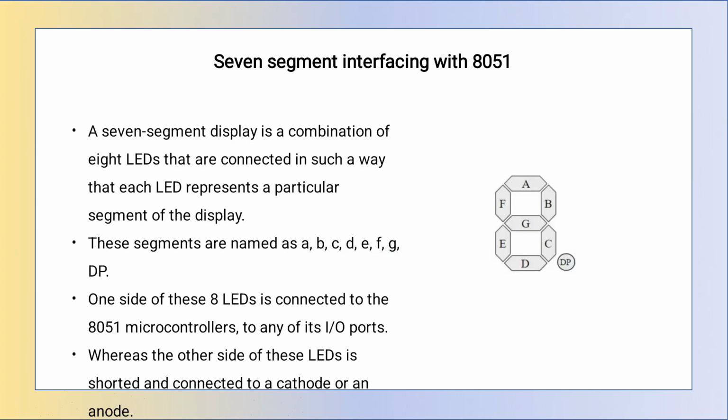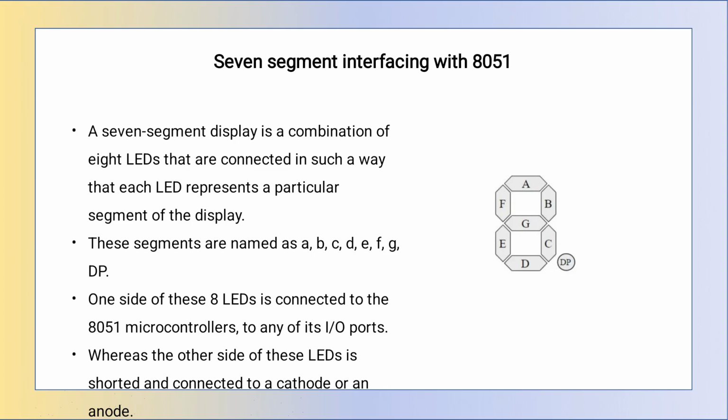The next topic, 7 segment display with the 8051. A 7 segment display is a combination of 8 LEDs connected in such a way that each LED represents a particular segment of the display: A, B, C, D, E, F, G. These segments are named A, B, C, D, E, F, G and DP, the decimal point.